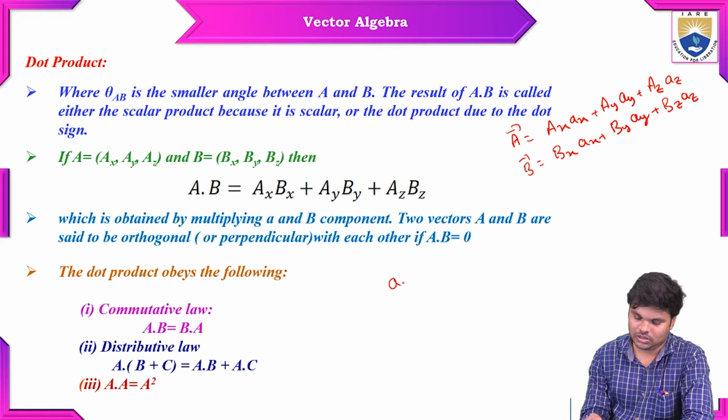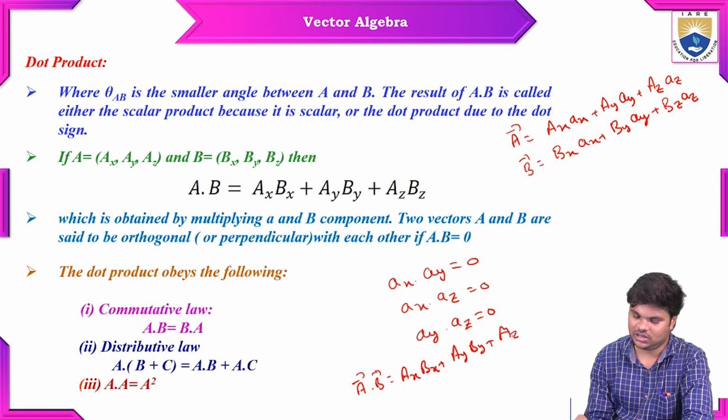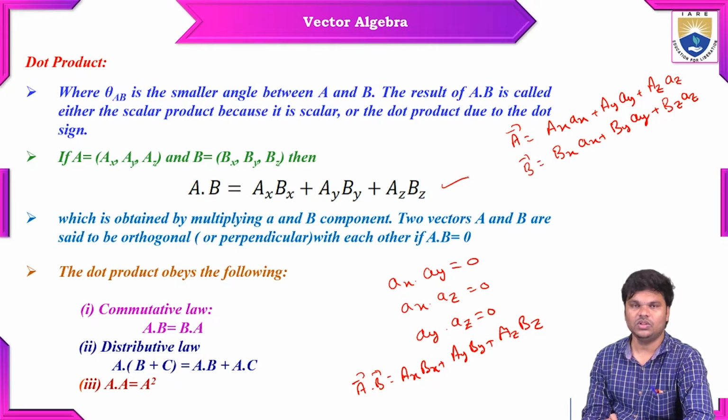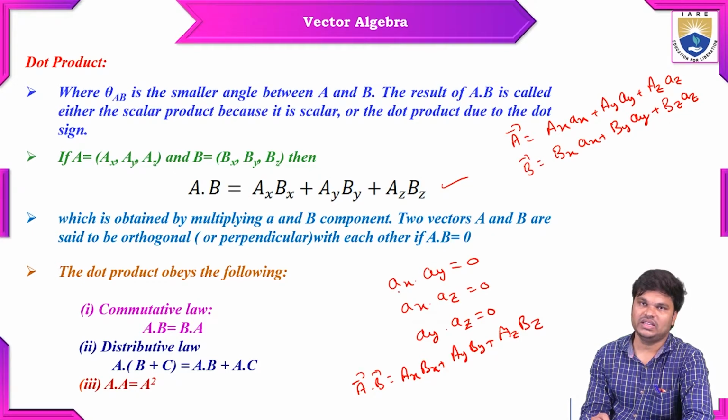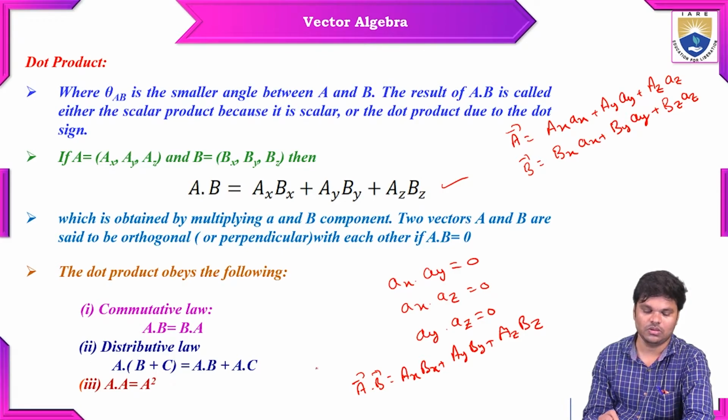That means the x unit vector dot the y unit vector is 0, x dot z is 0, and y dot z is 0. So that's why A bar dot B bar is nothing but ax bx plus ay by plus az bz. So that is what is written here.